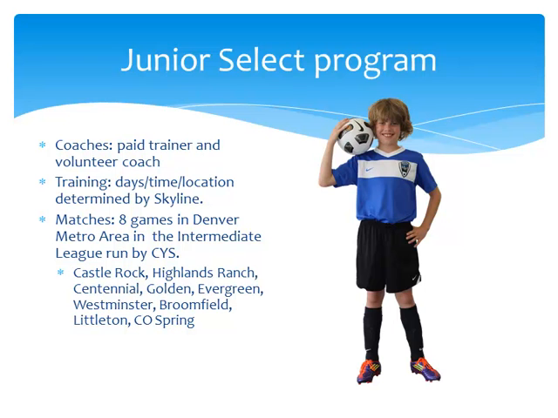The teams that you'll likely see are Castle Rock, Highlands Ranch, Centennial, Golden, Evergreen, Westminster, Broomfield, Littleton, and Colorado Springs in there. Now, it's important to note that the intermediate level is broken into 3 divisions. There's a gold division, silver, and bronze division. So the silver and bronze divisions are split Denver into half, and we're in the south division, which is all the teams that you see there, the Castle Rock and Colorado Springs and all those that we just went over.